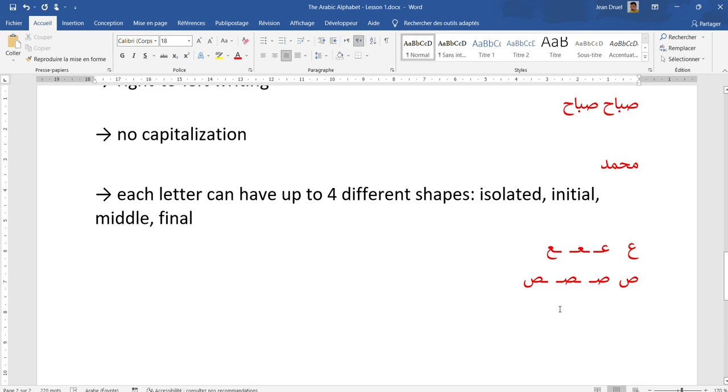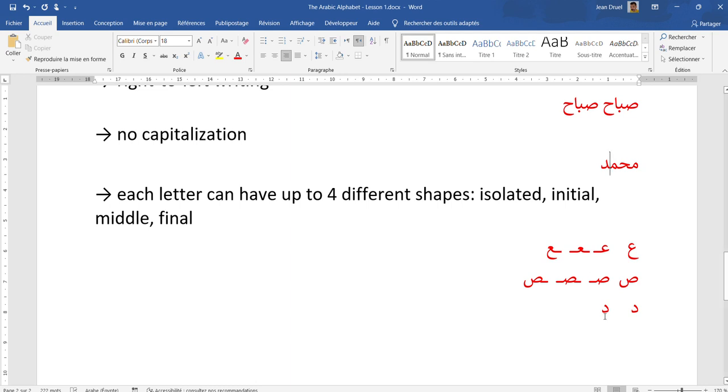It's also interesting to note that some letters do not connect on the left. All the letters, except one, but this is another story, connect on the right side, but some do not connect on the left. Like this one, this is D, just like this letter here. If I disconnect the last letter of Muhammad, this is the isolated form, this is the final form.